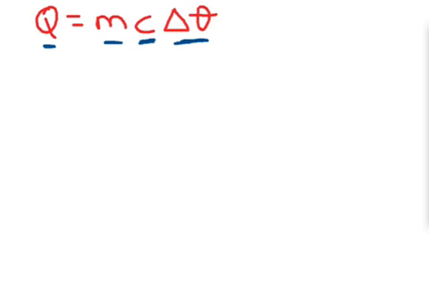So for object A, we have case 1, and for object B, we have case 2. Object A should be here, case 1. Object B should be here, case 2.